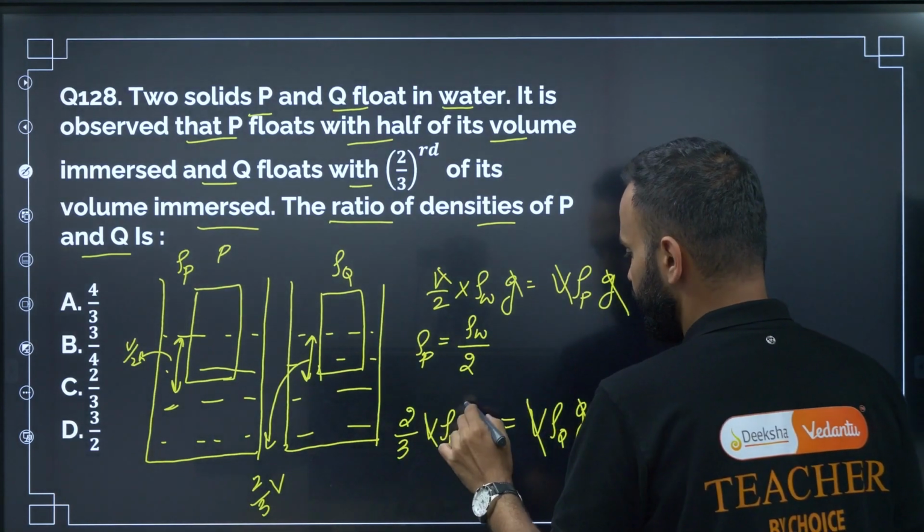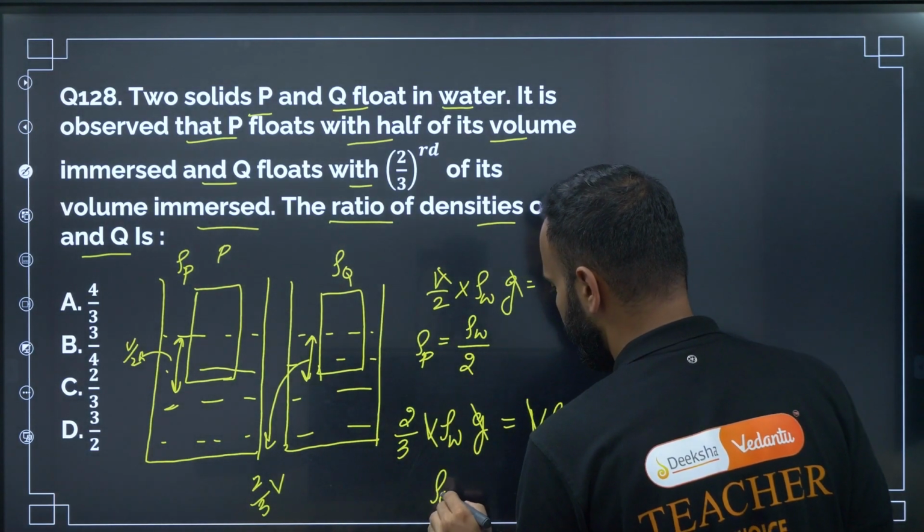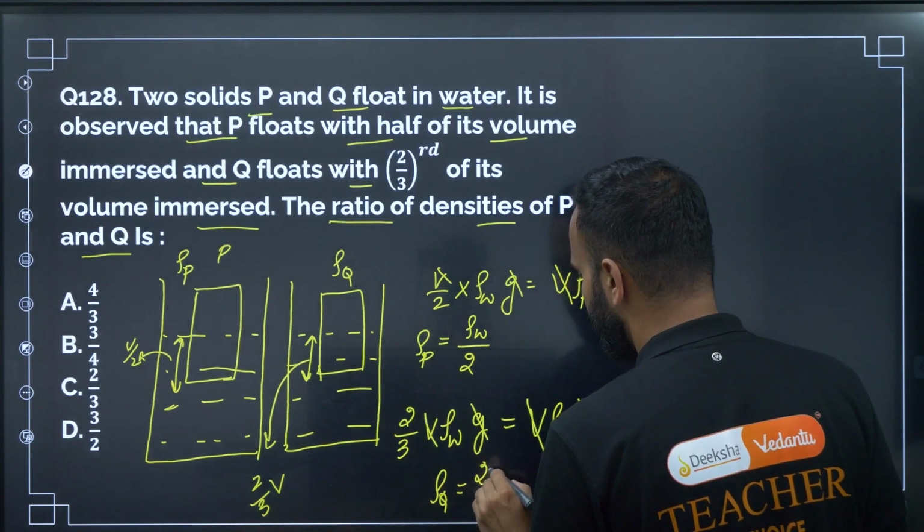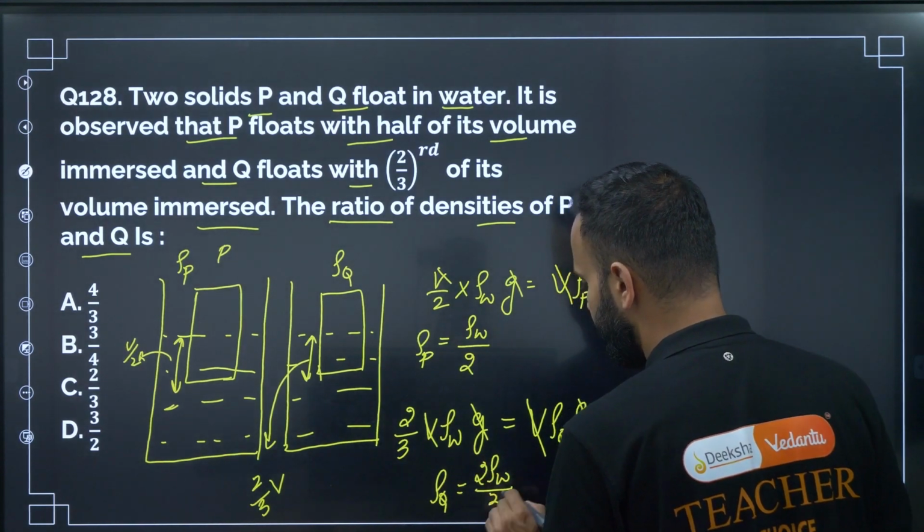Here V G will get cancelled. Now rho Q is equal to 2 rho W divided by 3.